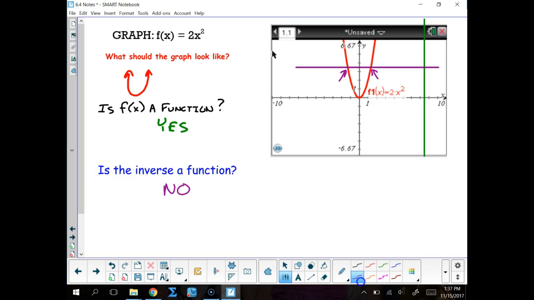What is the inverse of f of x? So we switch them, right? Y equals 2x squared. X equals 2y squared.